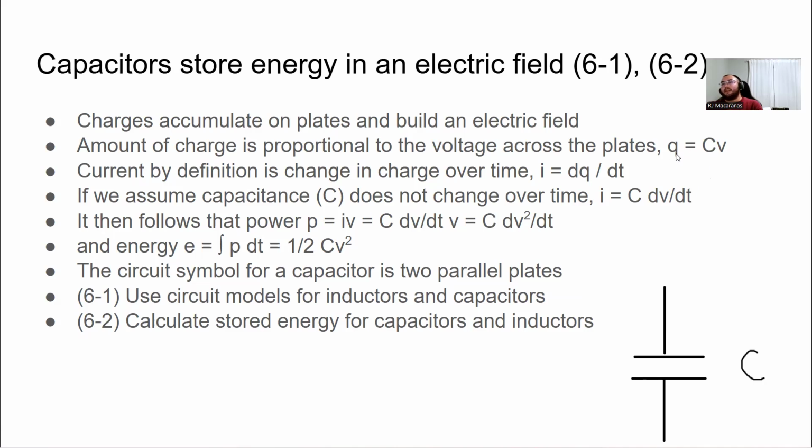So this is that Q equals CV. If there's more voltage, as more charges build up on those plates, the voltage is going up as well. And so from this, we have an expression for the charge on a capacitor and how it relates to the voltage.